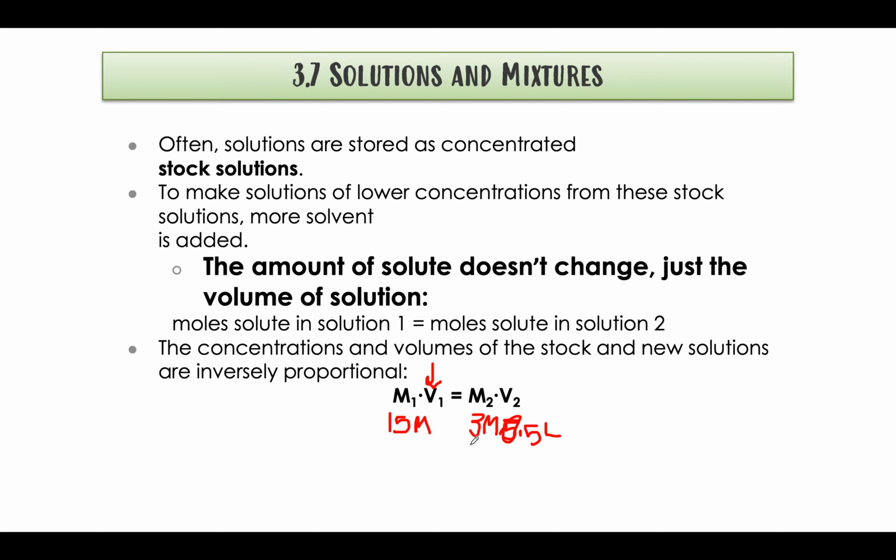And so what I do is I just divide both sides by 15 molar to get V1. What this V1 will tell me is the volume of my stock solution that I need. So 3 times 0.5 divided by 15 gives me 0.1.